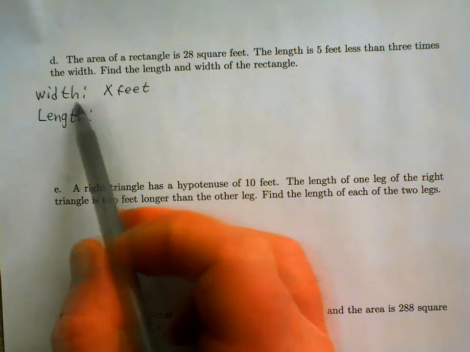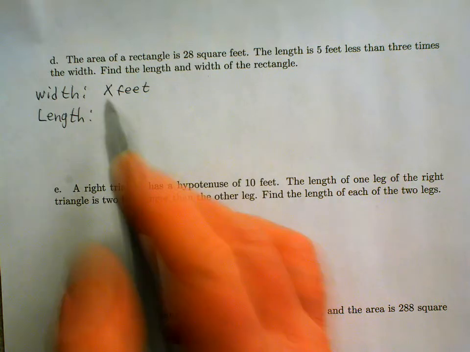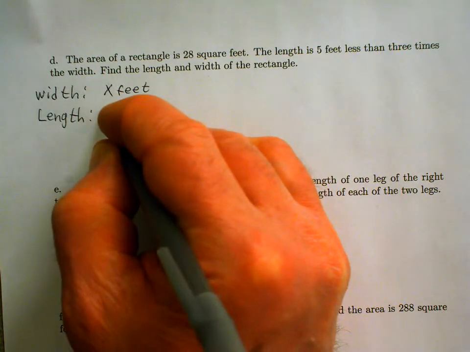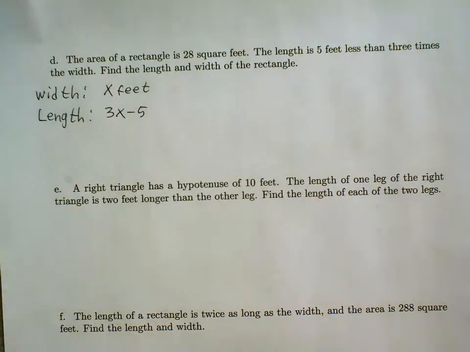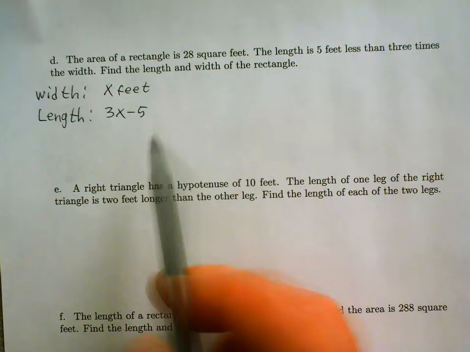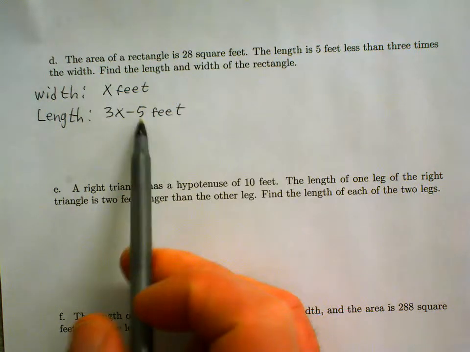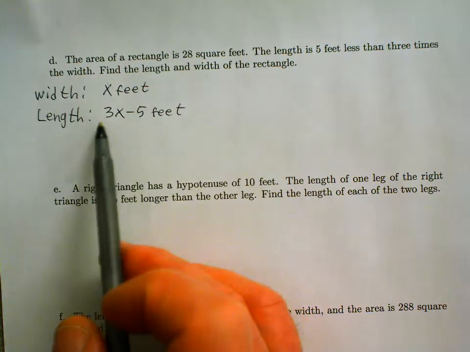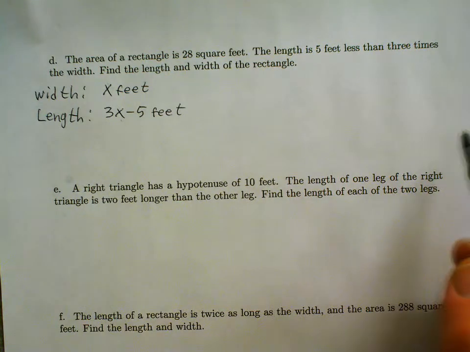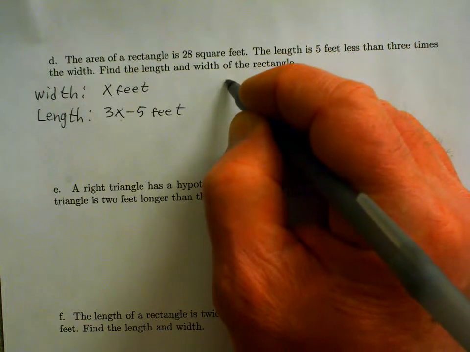So if the width is x feet, 5 feet less than 3 times x can be represented by 3x minus 5. So that looks like it works. 5 less than 3 times x. And then the area of the rectangle is length times width.